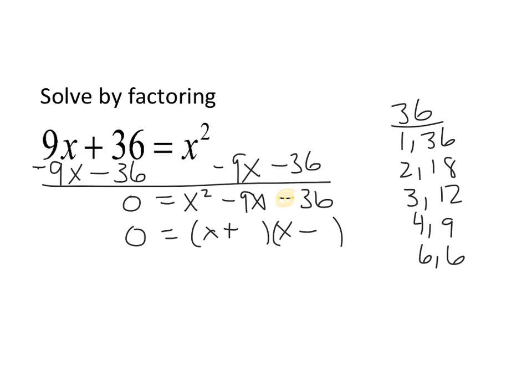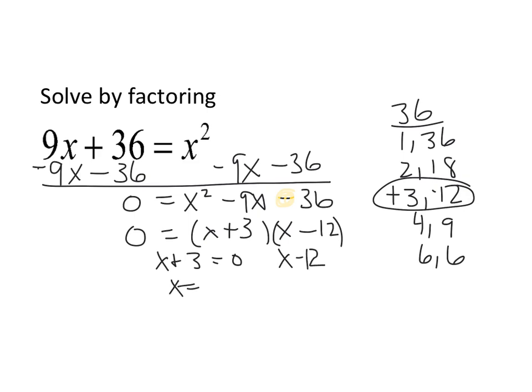So the pair that gives me -9 with different signs is +3, -12. So I just fill in the holes. Now I can set each expression equal to 0 and find my two solutions. X equals -3 and x equals 12.